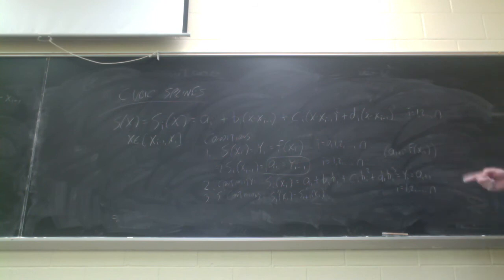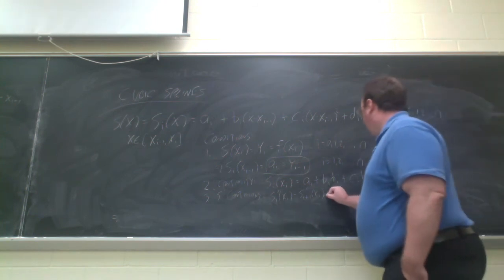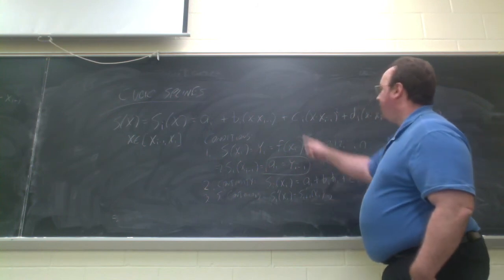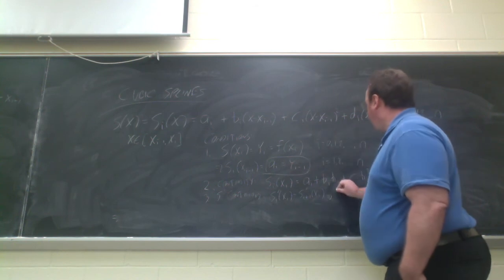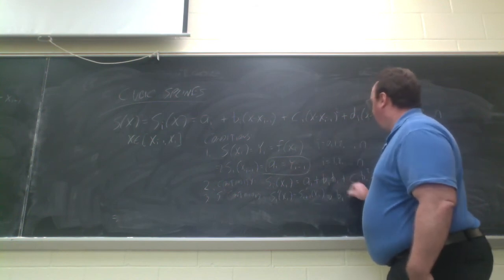But how does that translate into coefficients? If I take the derivative of this, I'm going to get bi, that's my constant term.